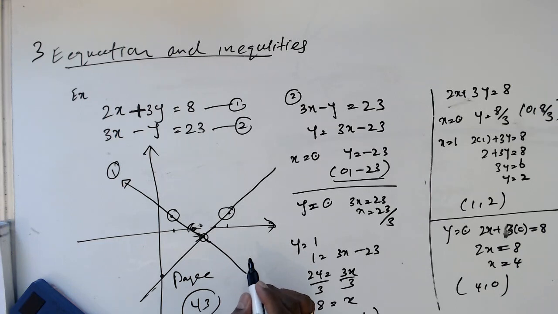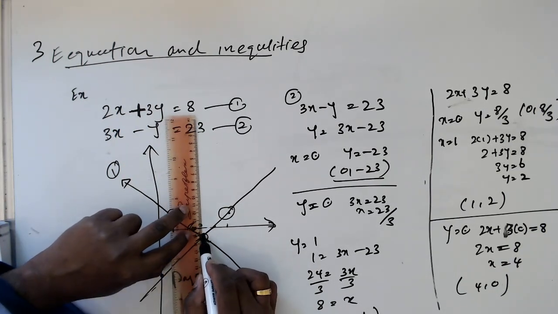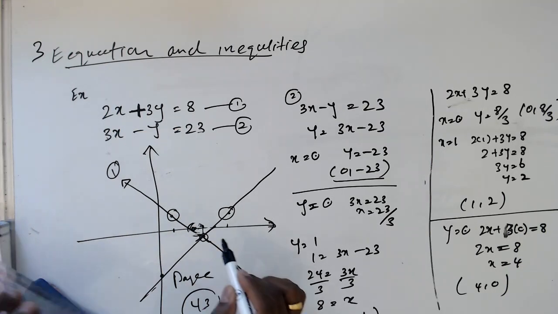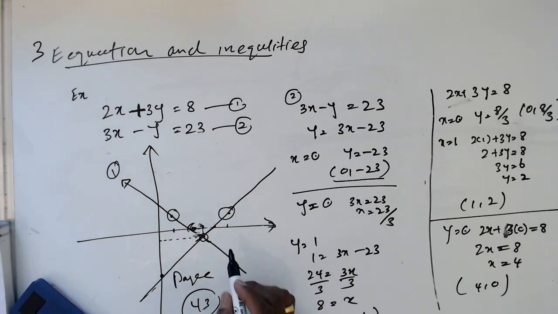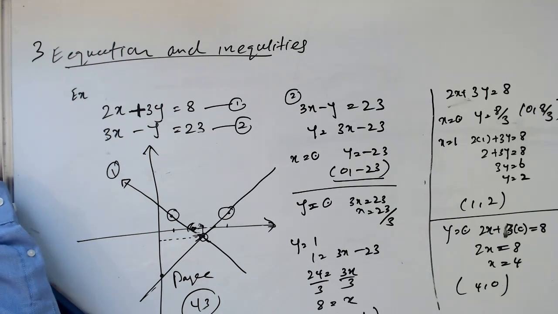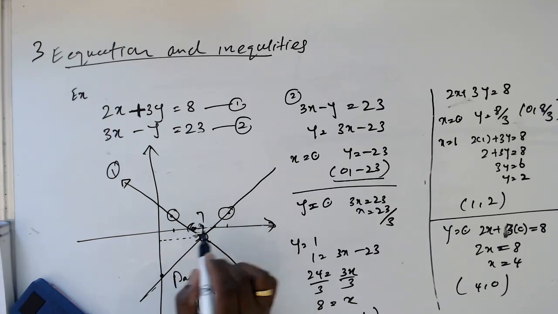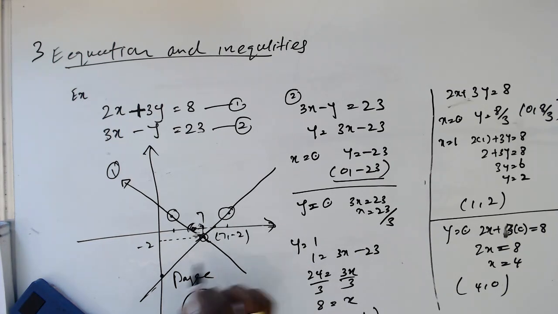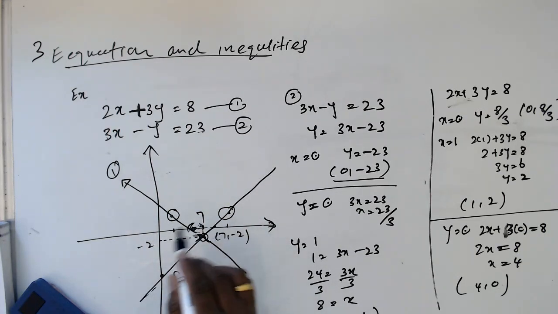Then you can bring the ruler and find the x value and the y value of this intersection point. This is the answer. From the previous answer, we know that this value is 7 and this is minus 2. So this is still a sketch; you have to do a proper drawing.